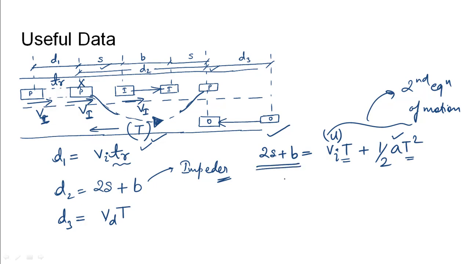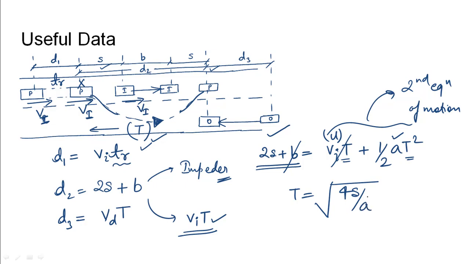So if we compare these two equations, we will see that b is equal to Vi into capital T, where it is the distance traveled by the impeder in T time. So b and ViT get cancelled out, and T would be finally obtained as root over 4s by a, where s is the safe spacing and a is the acceleration rate of the passing vehicle.